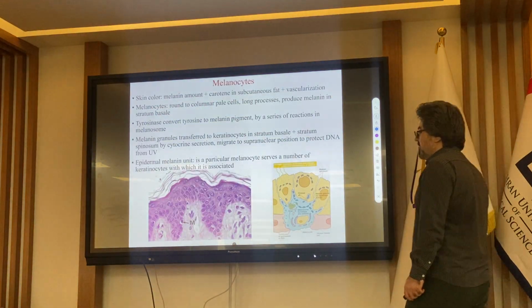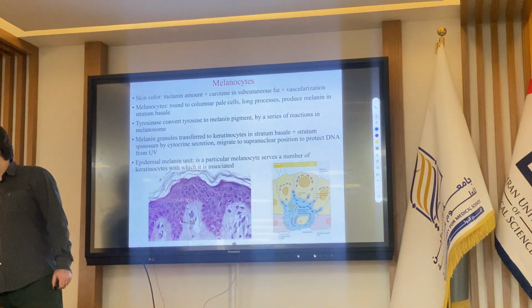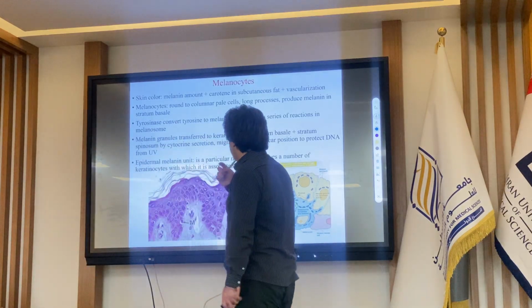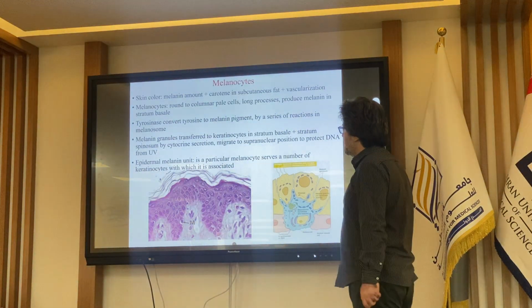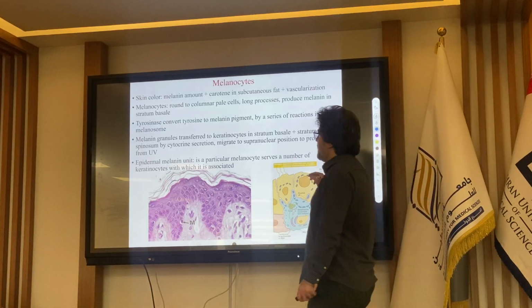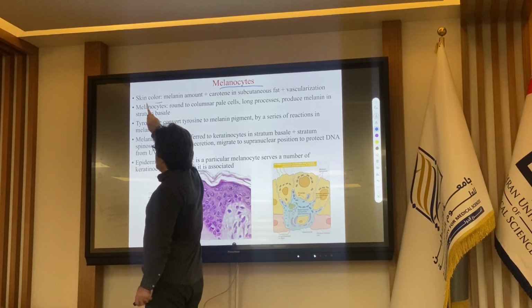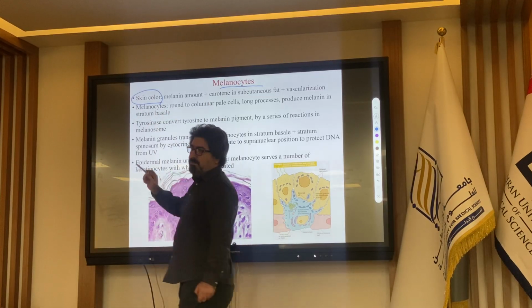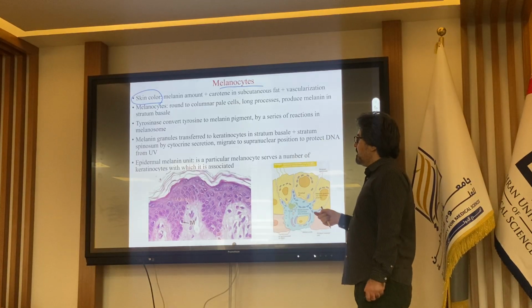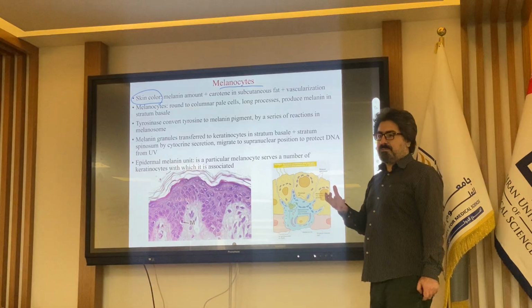Now let's have a look at the other cells of the epidermis. Melanocyte. Melanocyte is responsible for skin color. But it is just one factor. There are other factors that affect the color of skin.